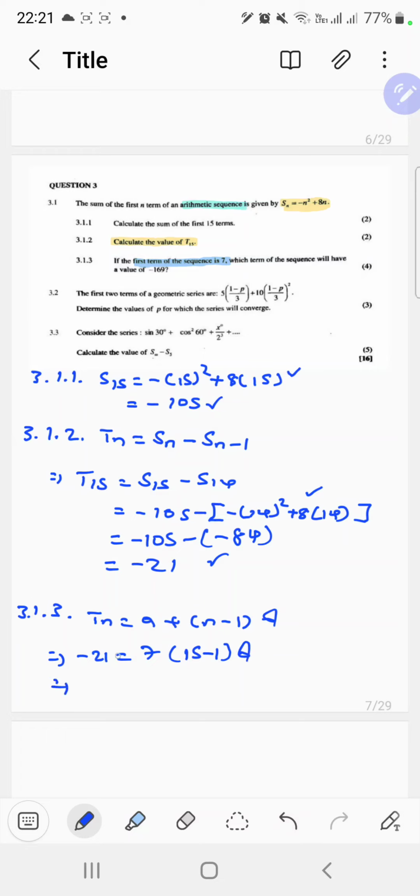This implies, when we sort this out, minus 21 equals, in fact I could easily divide by 7 already so that I avoid unnecessary multiplications. So if I divide by 7 here, it's going to be minus 3 is equal to 15D. Sorry, not 15D, but 14D.